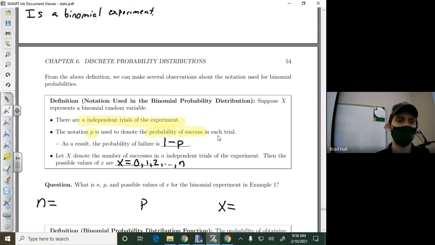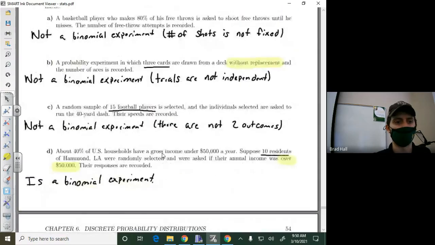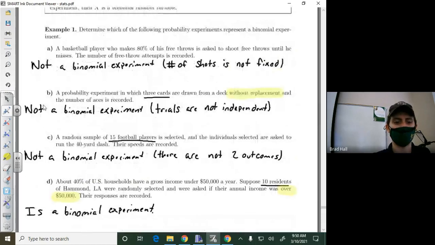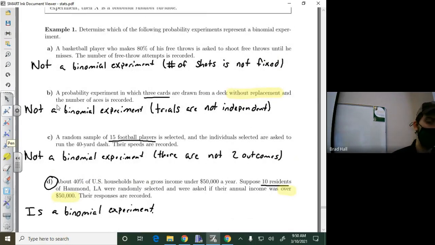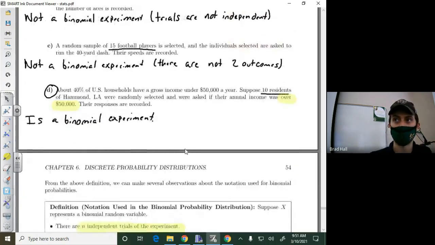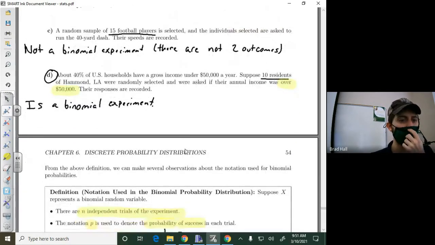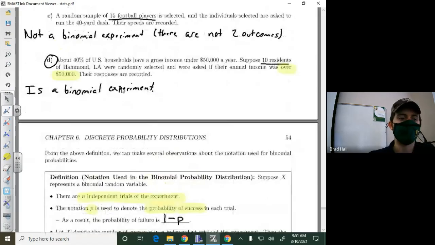Example 1 was the 4 situations we talked about in the bottom one. The bottom one was the one that ended up being a binomial experiment. So in that example, we need to determine lowercase n, which is the number of trials, lowercase p, the probability, and the possible values of lowercase x.